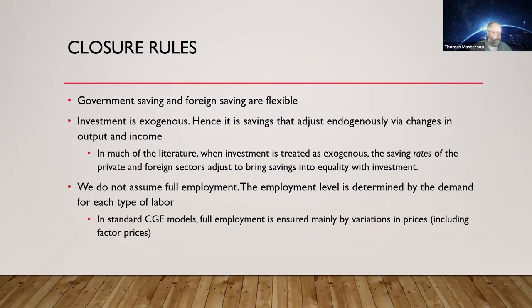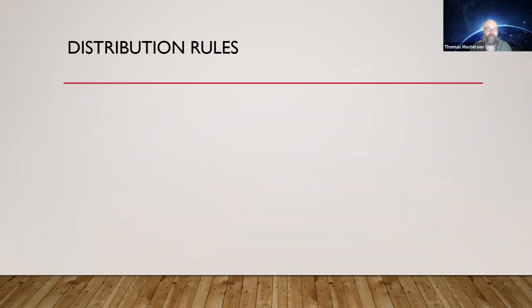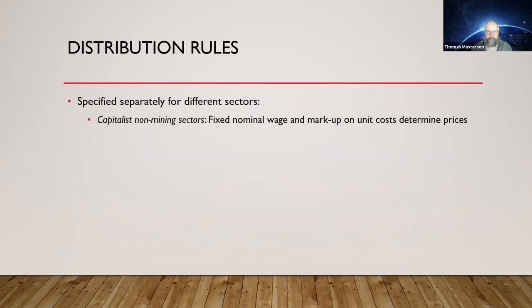Those are the closures, I should say. Now, in terms of the distribution rules, we're going to specify these separately. This is how we distribute the income that flows from production. In capitalist non-mining sectors, remember there were four capitalist sectors: manufacturing, mining, construction, and services.